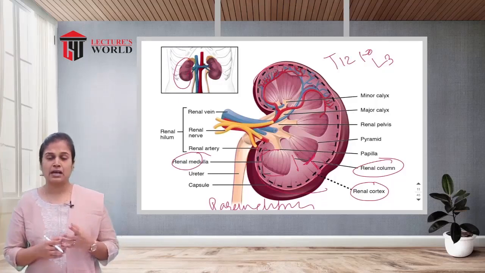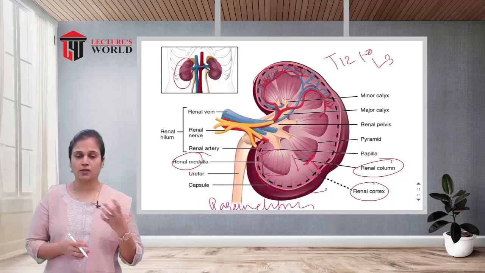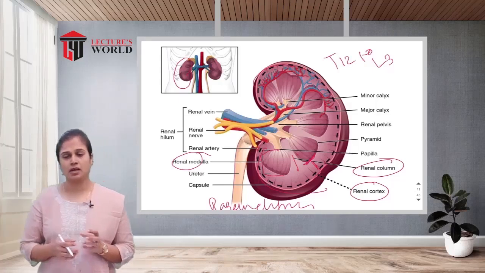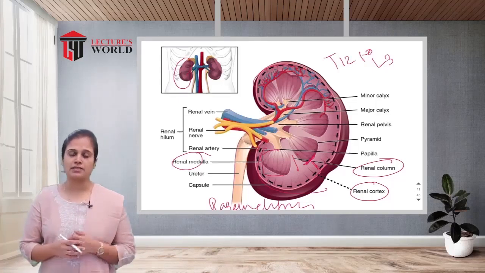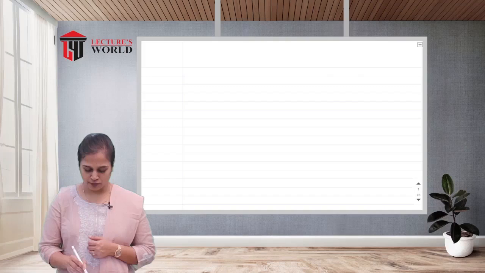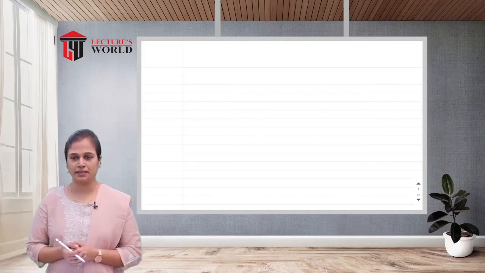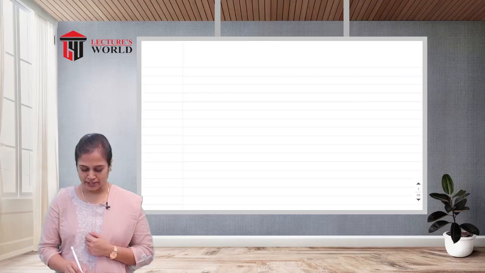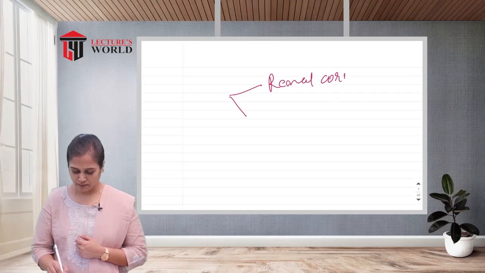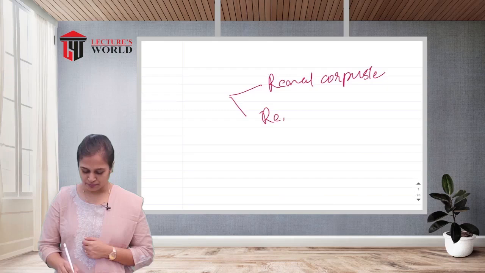The nephron has two basic structures. First is the renal corpuscle and the second is the renal tubule.